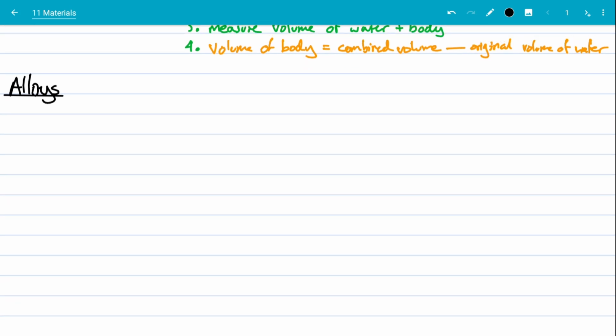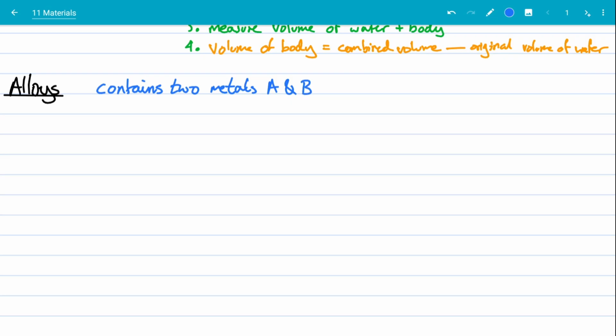So the first thing is the alloy contains two metals. Let's take the simplest example, two metals, and let's keep it general and call them metals A and B. So what can we say?